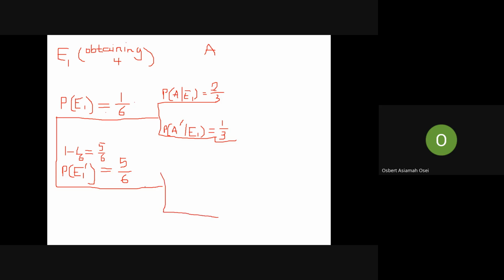As well as that, there is a possibility that he may speak the truth that he did not get 4, that is E2, the E complement. For that one we get 1/3.